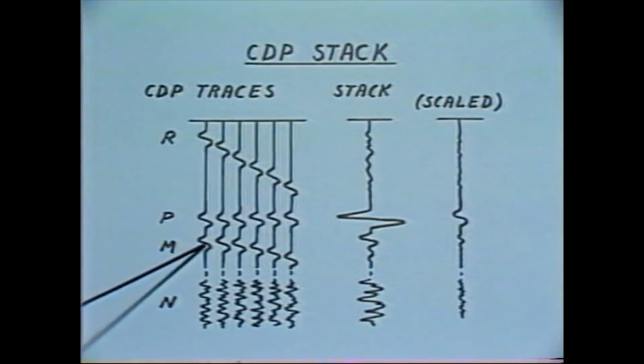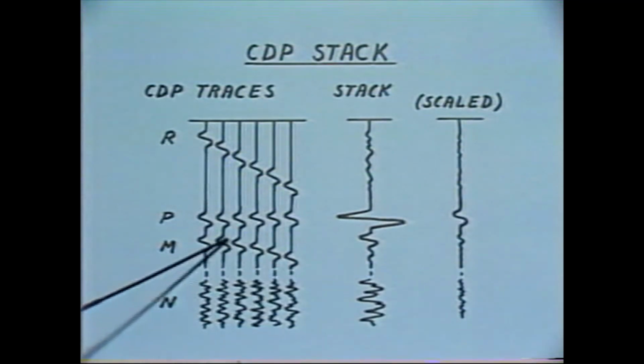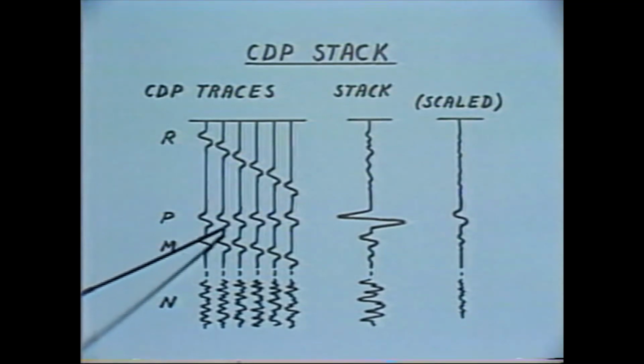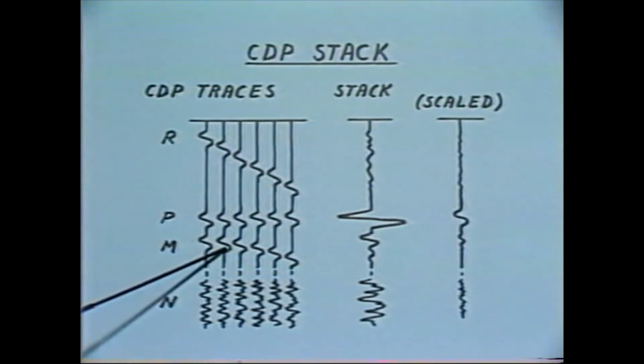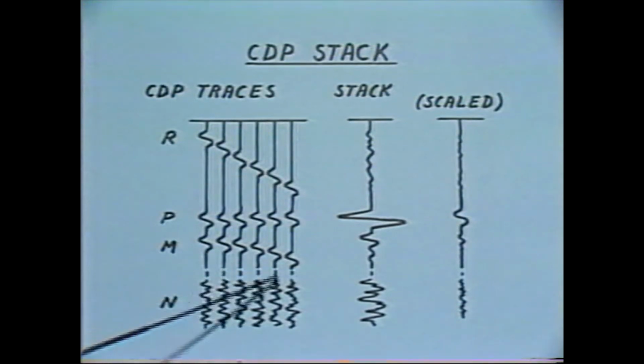Multiple reflections would normally show a slight amount of curvature still, because the move-out correction was designed for the primary events, not for the multiples. And also, although I've drawn it separately here for clarity, there would also be a certain amount of random noise on the traces.